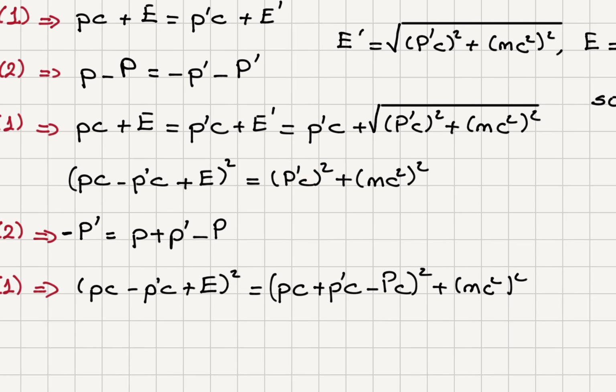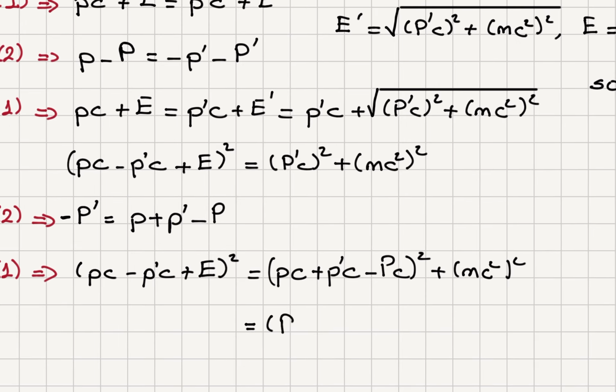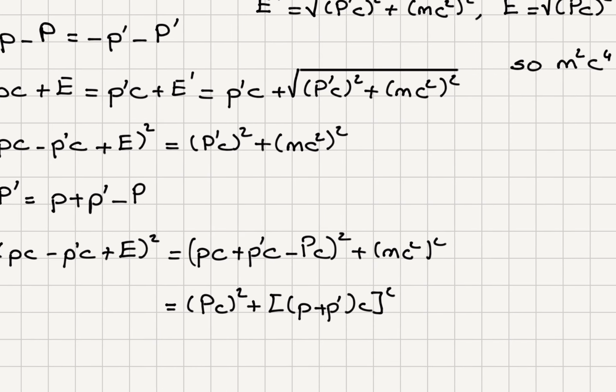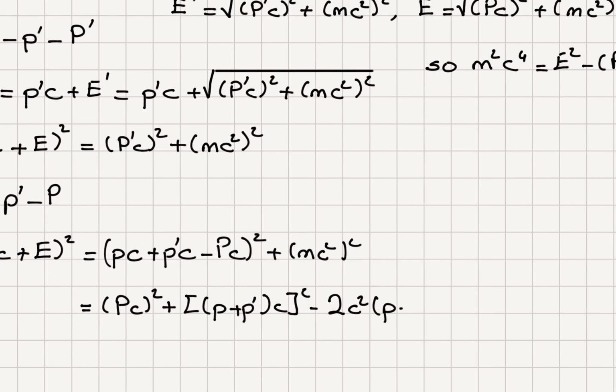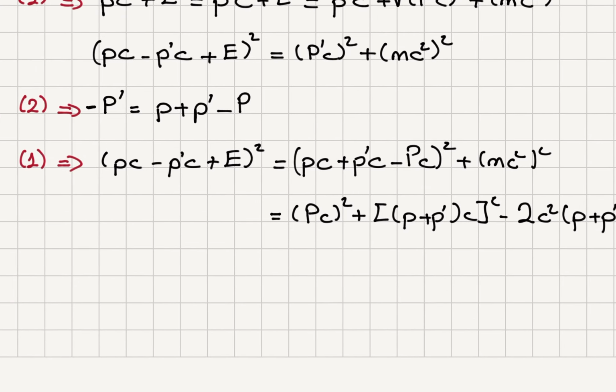So this gives me (capital P c) squared plus (p prime c) squared minus 2 c squared p plus p prime capital P plus m squared c to the fourth power, and that is for the left hand side.